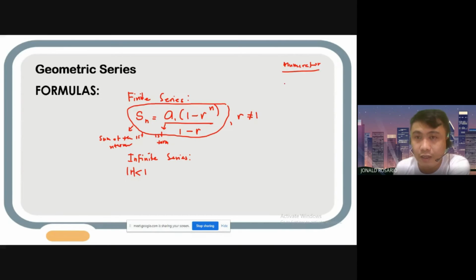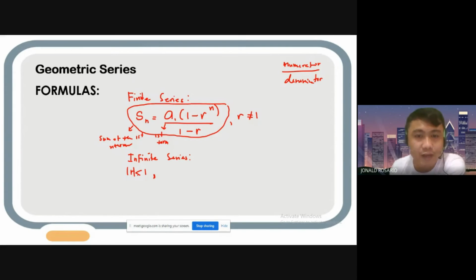Basta yung ating numerator ay mas maliit yung value kaysa ating denominator. So we can have this one, absolute value of r is less than 1. Okay, again, ulitin ko lang, clarification, our r can be negative or positive as long as their absolute value is less than 1.